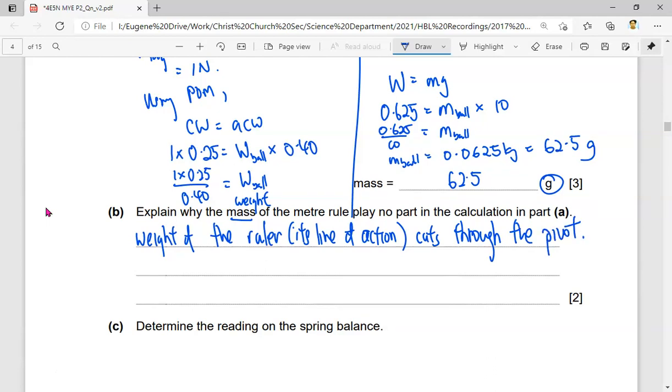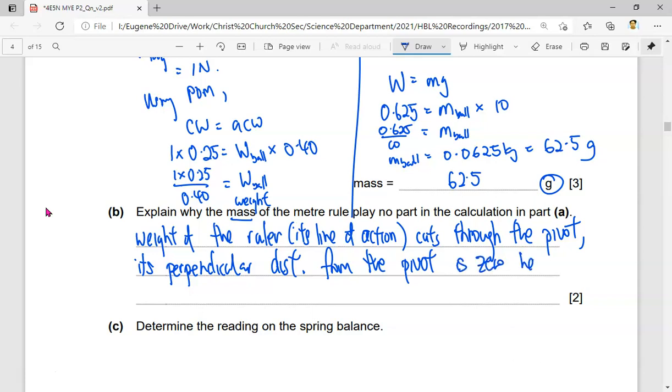So what is the impact when the line of action cuts through the pivot? When the line of action of the force cuts through the pivot, its perpendicular distance from the pivot is actually 0.